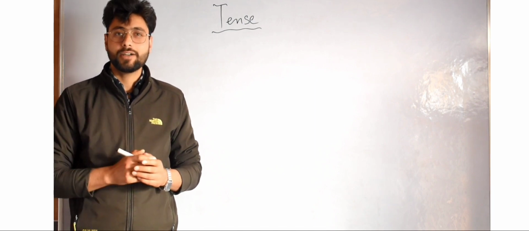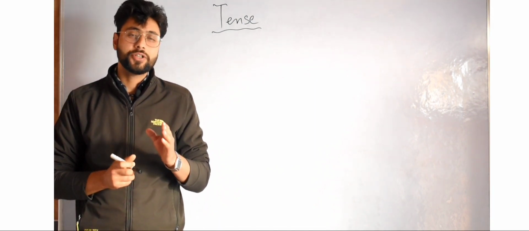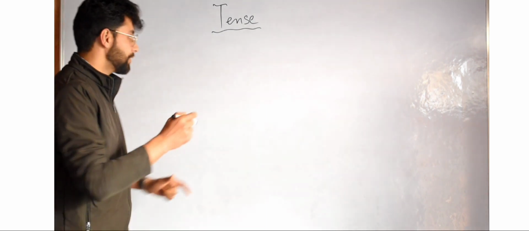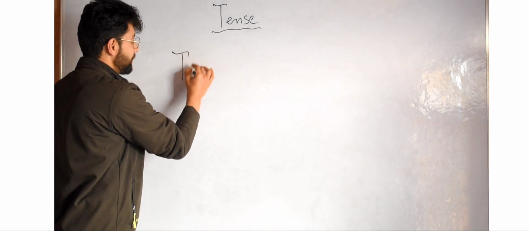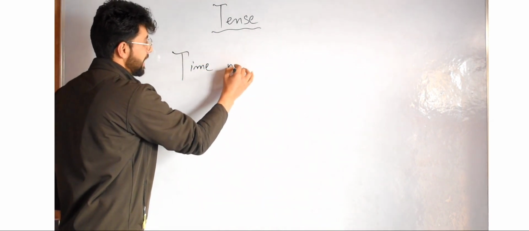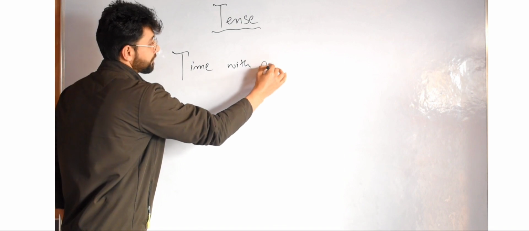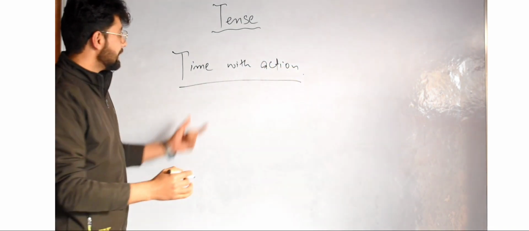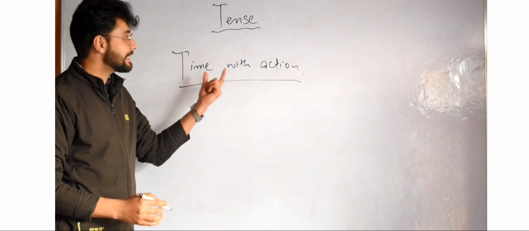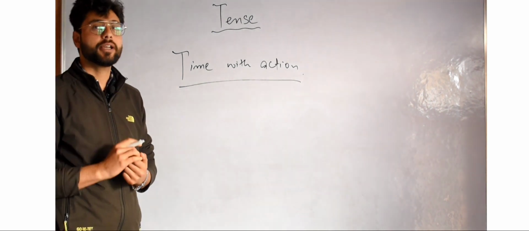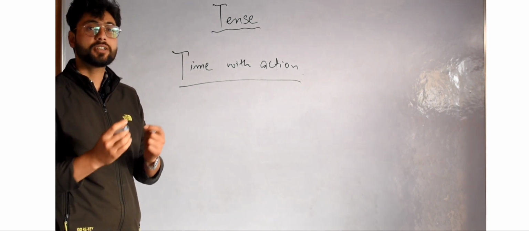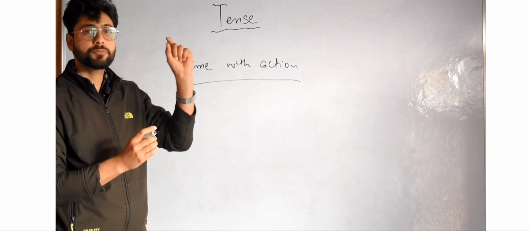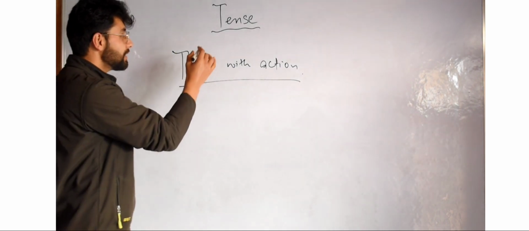Tense is a category of grammar in which we relate time with action. So we are actually relating time with action. This shows us the state and timeline of the action: in what timeline, at what point of time the action is being performed. So this is what tense shows us.